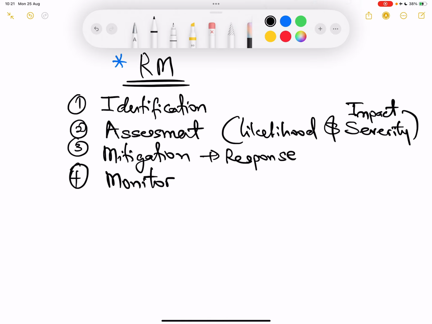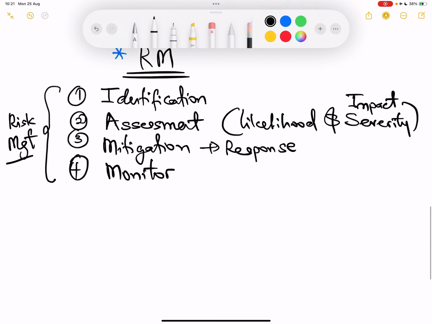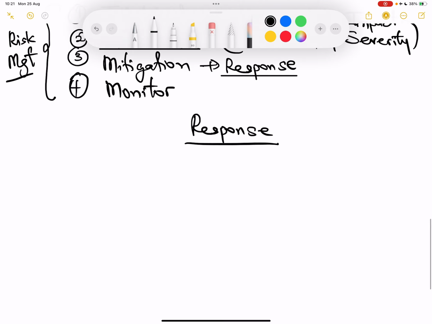So these are the 4 things that you must always think about anytime you hear anything about risk management. This is what risk management is all about. But quickly, in terms of mitigation and your responses, it's good to know what are your options of responses that you need to adopt for the assessment that you have done. And I will draw a matrix for you that should help you.